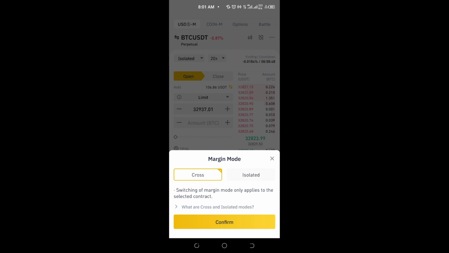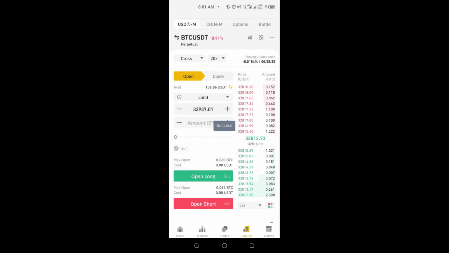But if you come to cross, you realize that your account is too exposed. That means if you have more than one trade, your margin will be shared among all those trades, and it will cause your liquidation to be so close.